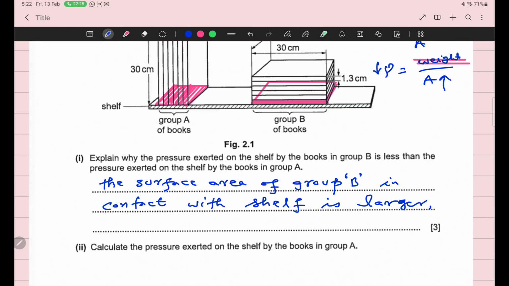If surface area is larger, thus the value of pressure will be lower or lesser. In group B, the surface area in contact with the shelf is larger, so less pressure for group B.